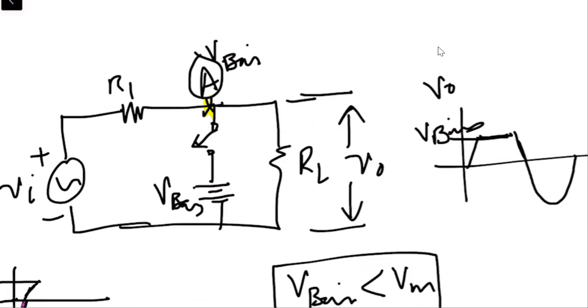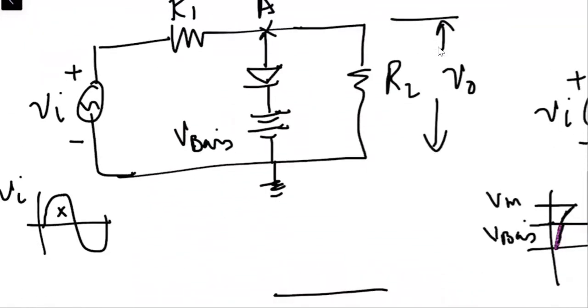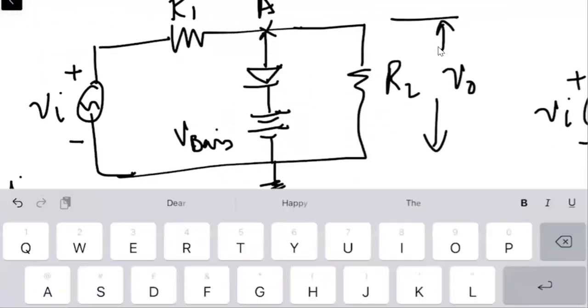Now, what if we change the direction of the diode as well as the biasing potential in the circuit? So let's see what will happen.